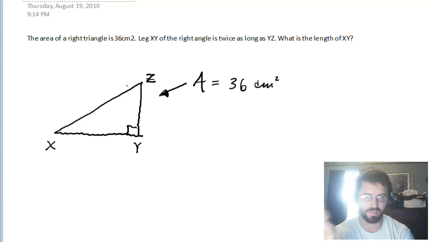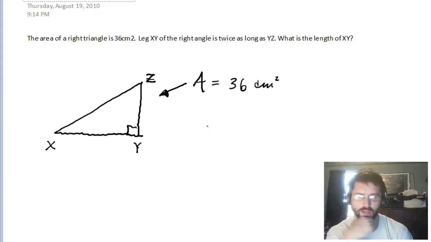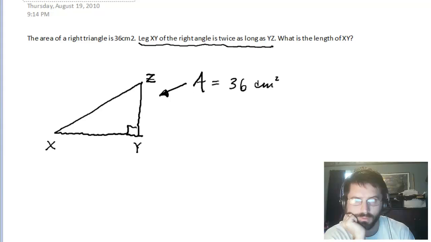We're not asked to find the hypotenuse, so we won't have to use the Pythagorean theorem. We just have to dissect this sentence, turn it into an equation, and then put the two together. The first thing we notice is that it's a triangle in general.